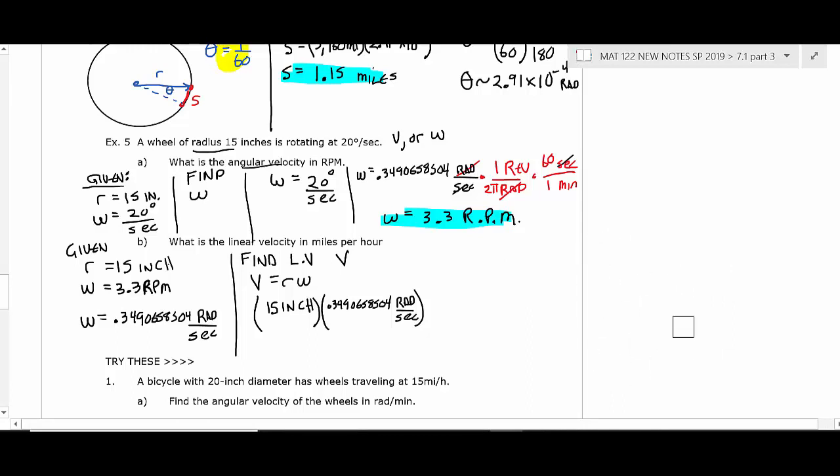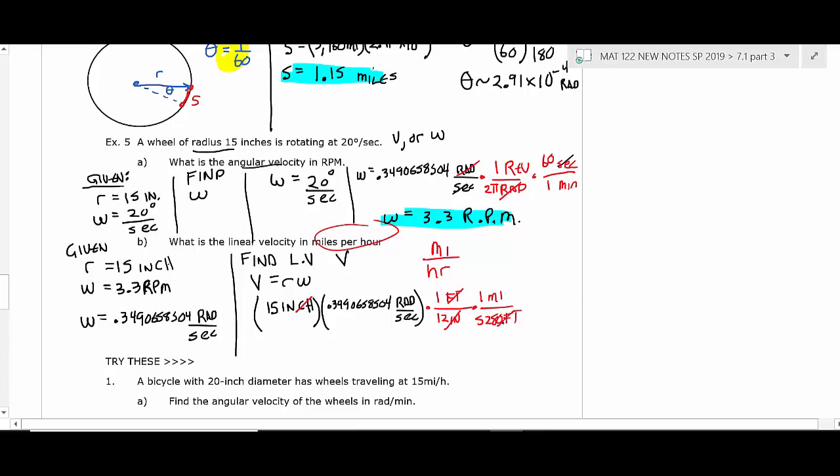Okay. All right, now we got a bunch of unit conversions we got to do. See, we want the answer in miles per hour. All right, so that's what we're going to do. We want the inches to go to miles. All right, so what we have is we know that there are 12 inches in a foot. Okay, so now we've changed to feet. And we also know there are 5,280 feet in 1 mile.